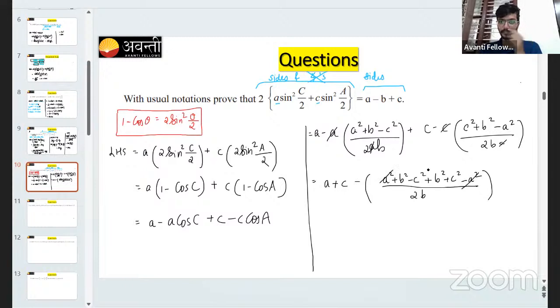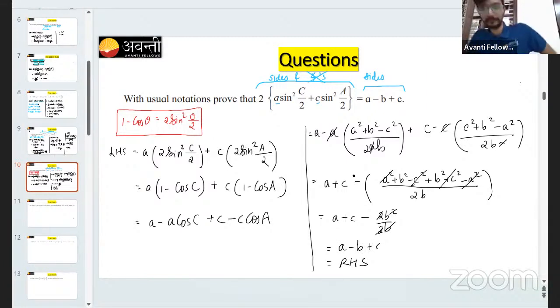So A square got cancelled, C square got cancelled. I am left with A plus C minus 2B square upon 2B. So here 2 cancelled, B cancelled. Rearranging, I'll get A minus B plus C, which is equal to RHS. Hence proved. Now, let me tell you one interesting thing.